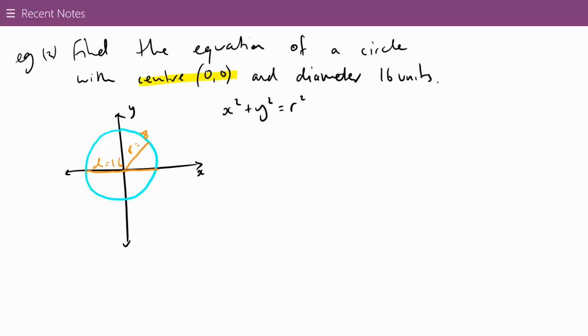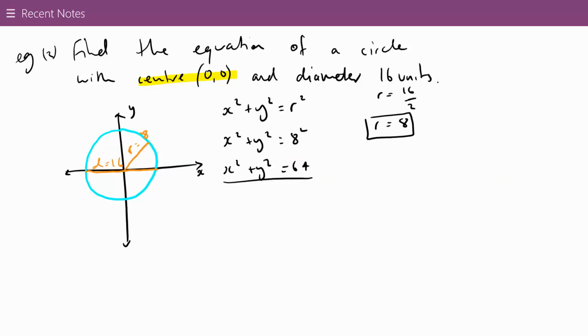We just figured that r is always half the diameter. Our radius is 8. Let's sub that in. X squared plus y squared equals 8 squared. Therefore, x squared plus y squared equals 64 is our equation of the circle with center at the origin and diameter of 16 units.